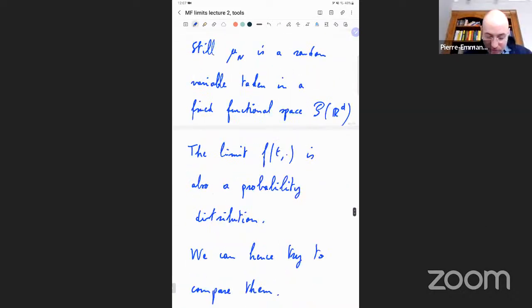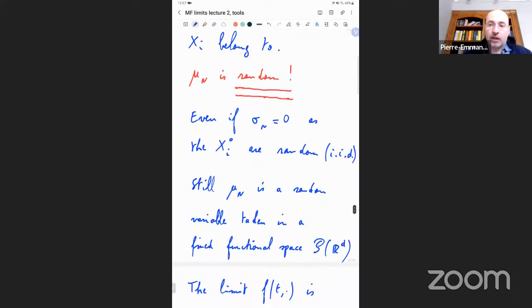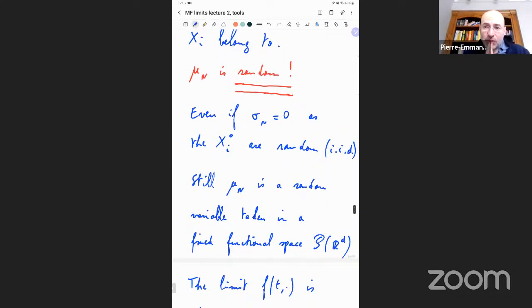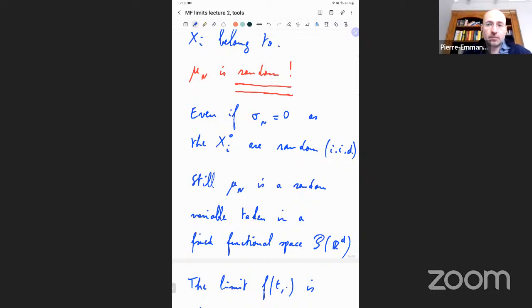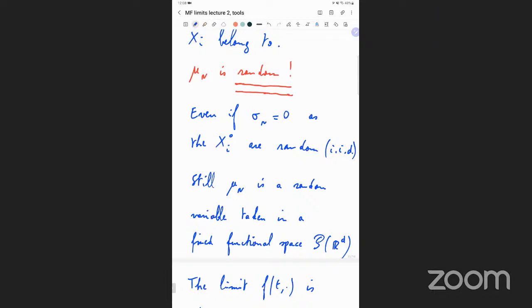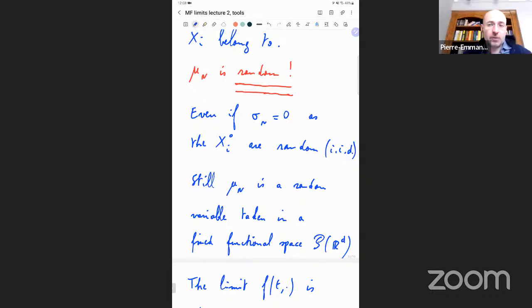All right, so this is something that I'm going to talk about at length tomorrow. There's a bit of a tricky answer here, because the empirical measure is a random object. By compactness, we could say that there is a subsequence of the empirical measure that is going to converge to something, but that something would also be a random object.